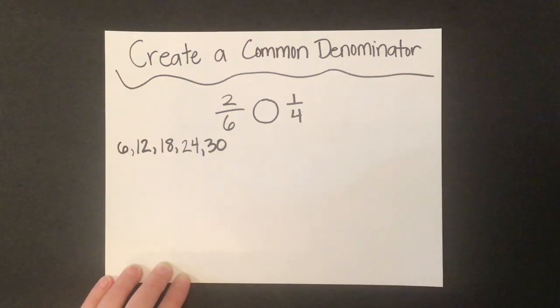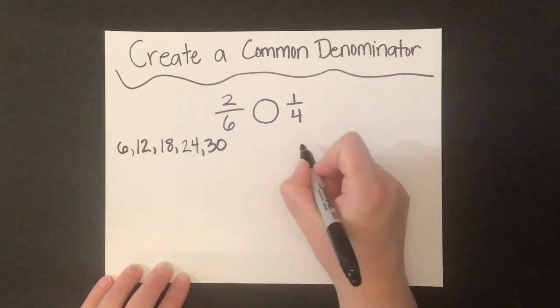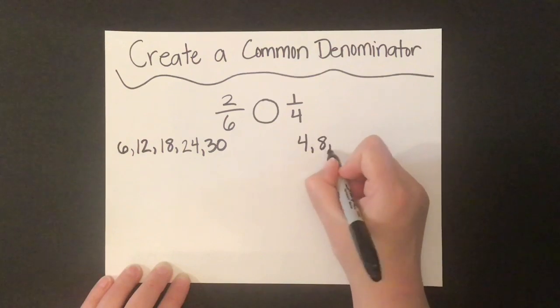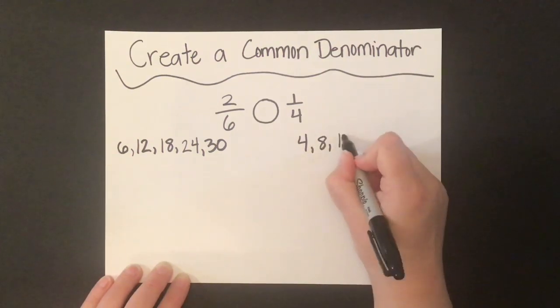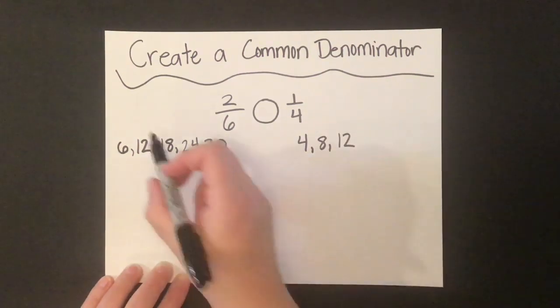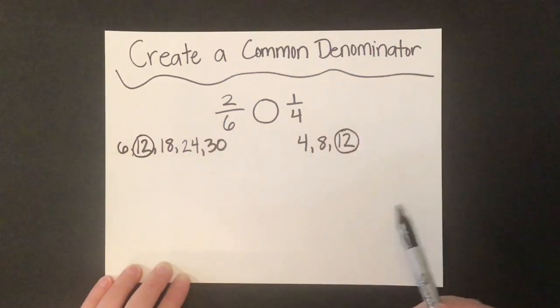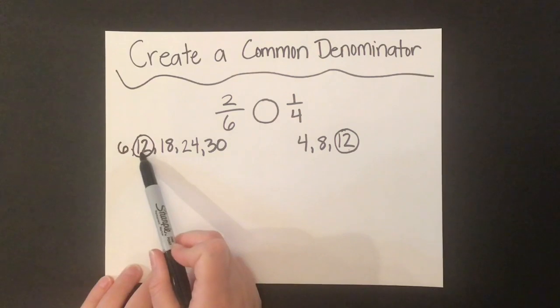Now we'll find the first few multiples of 4. So we have 4. 4 times 2 is 8, and 4 times 3 is 12. I can actually stop right there because we've just found a common multiple.